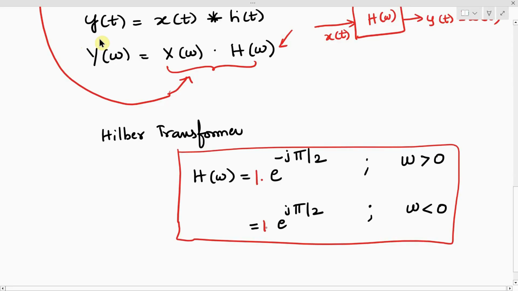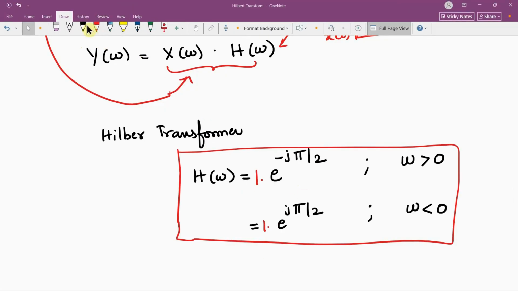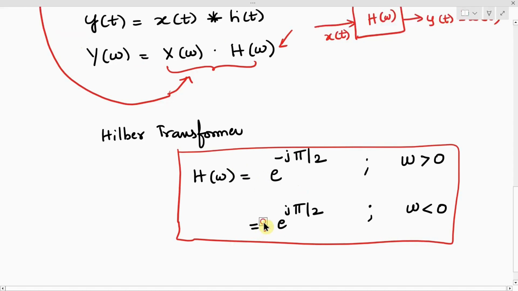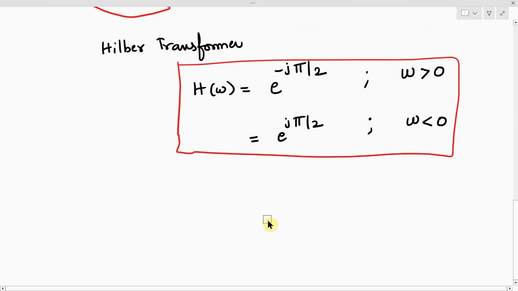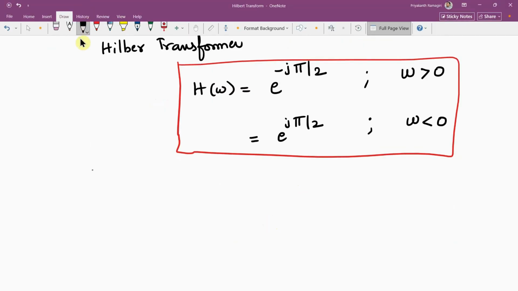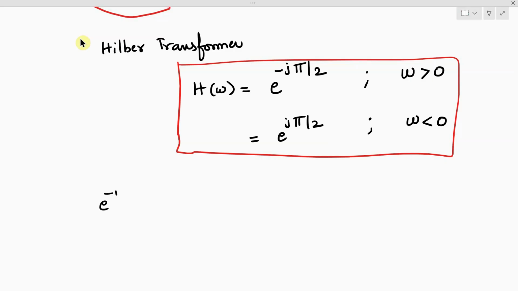Magnitude is 1, since it is performing only the phase shift. That's why I'm writing only like this, just for your understanding. E power of minus j pi by 2, is it like cos pi by 2 minus j sin pi by 2?